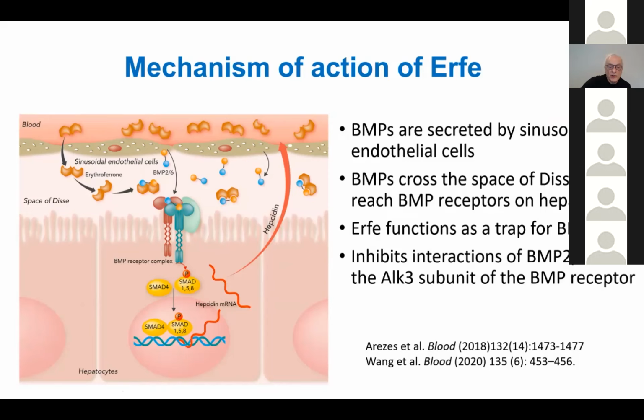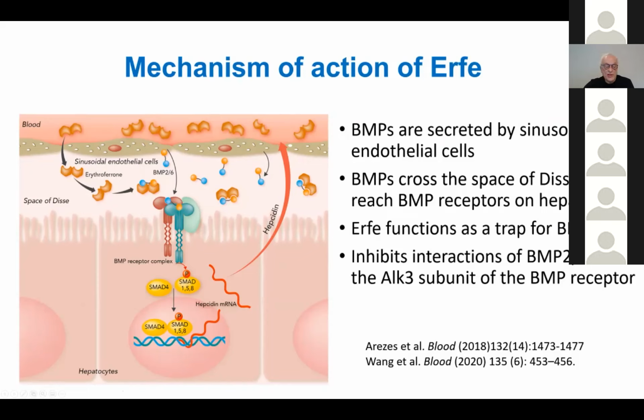And the heterodimer interacts with the BMP receptor complex to transcriptionally stimulate the production of hepcidin. So in proportion to the BMP2/6 signal, hepcidin is transcribed and secreted by hepatocytes. So in order for sinusoidal endothelial cells to control hepcidin production, these molecules have to cross this small space called the space of Disse.